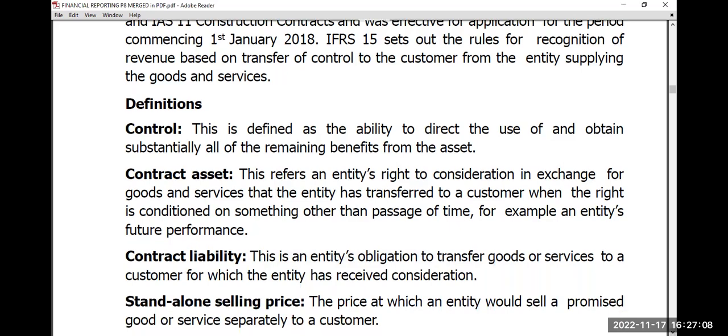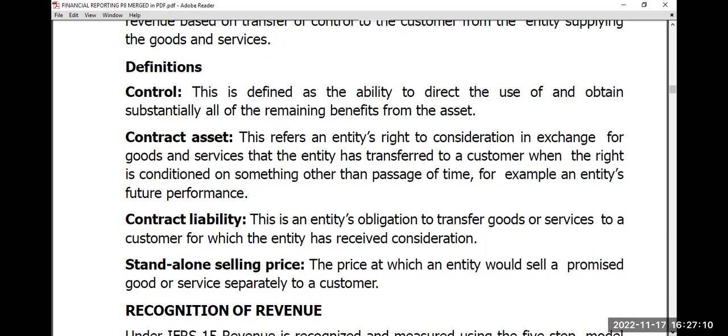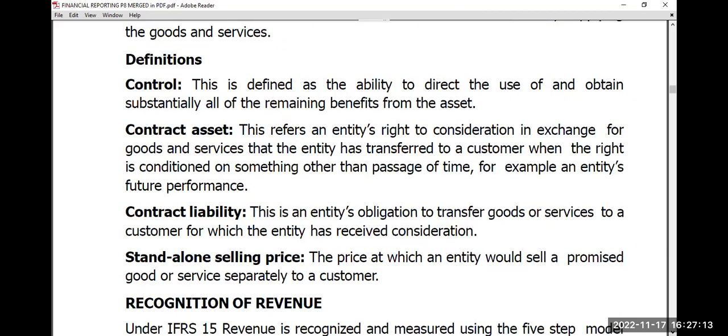The other one we are going to look at is a contract asset. A contract asset, as the word suggests, is an asset. But how does it arise as an asset within the standard?